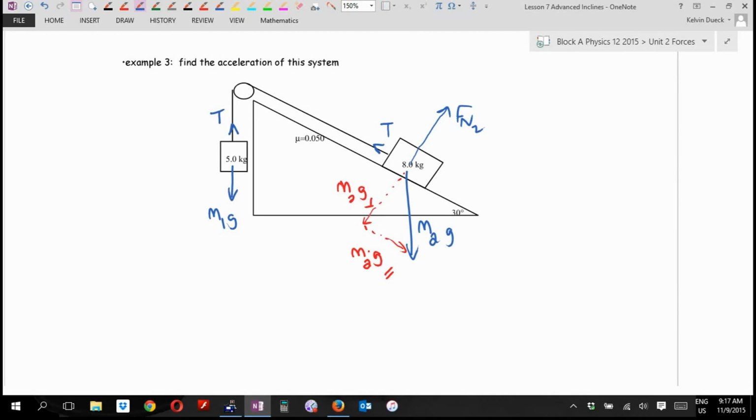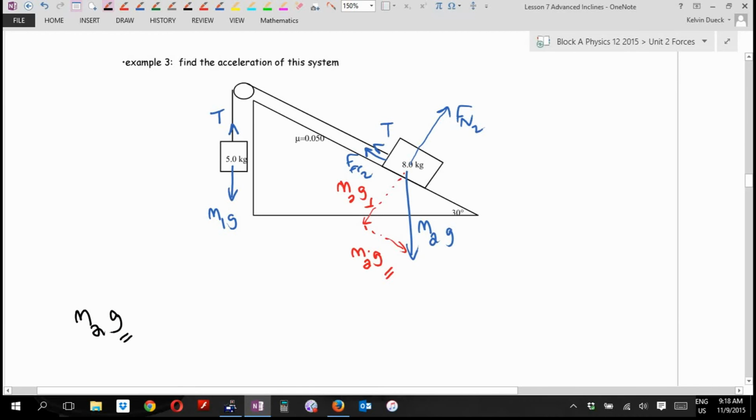If the 8 kilogram mass is winning, which way is it accelerating, up the hill or down the hill? So which way will I point friction? Up. Now, this is wrong, but I'll show you how easy a fix it is. So I'll put friction that way. M2G parallel, that's winner down the hill, even though it's wrong.